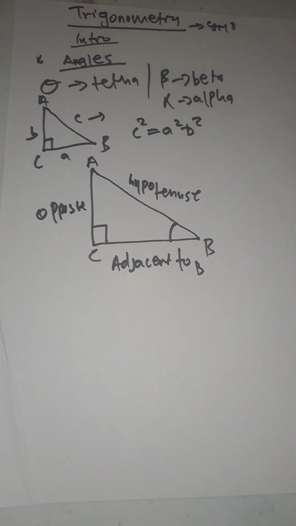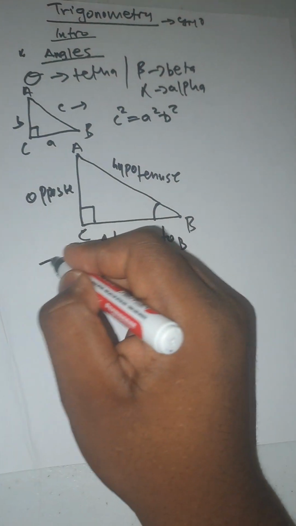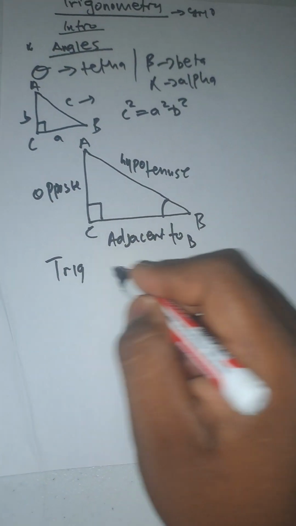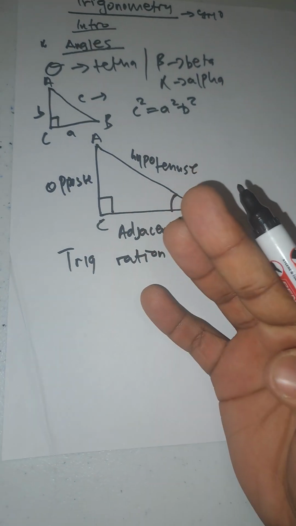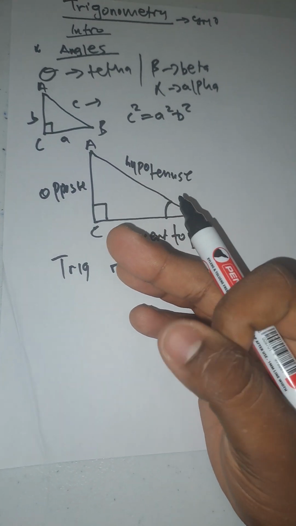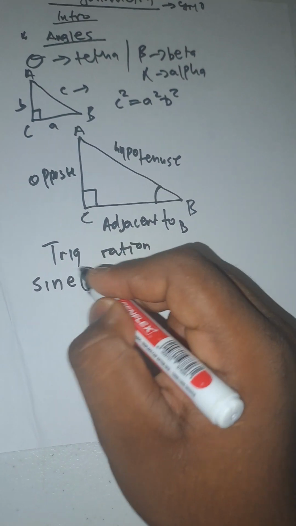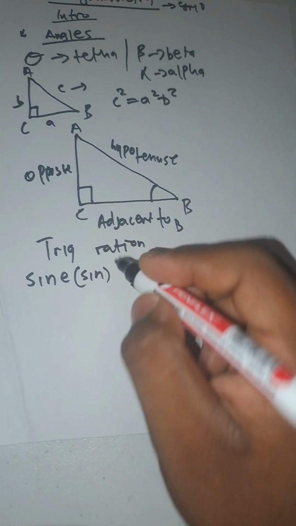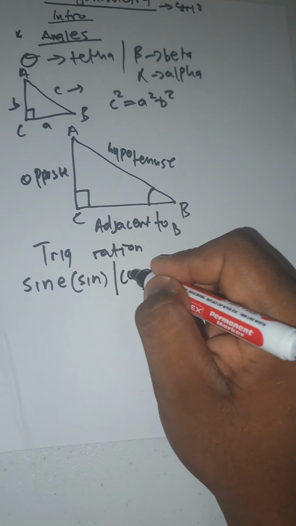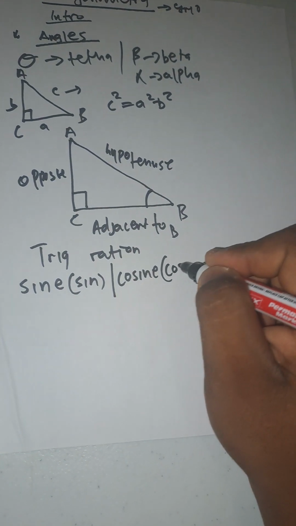So now in this grade, we have trigonometric ratios. There are three special ratios in the study of trigonometry. The first is sine, which in our questions we simply write as sin. The second is cosine, which in our study and questions we call cos.